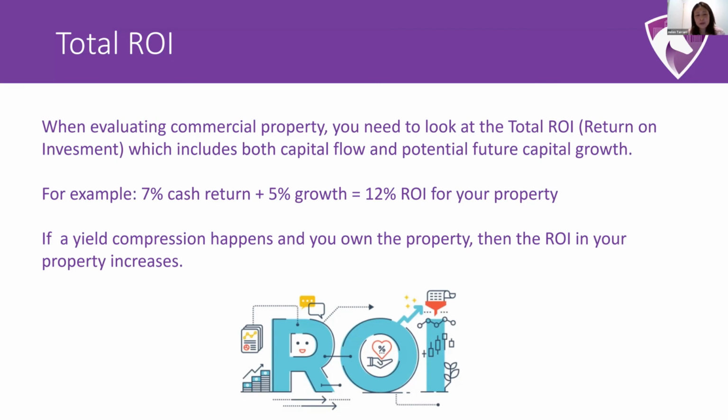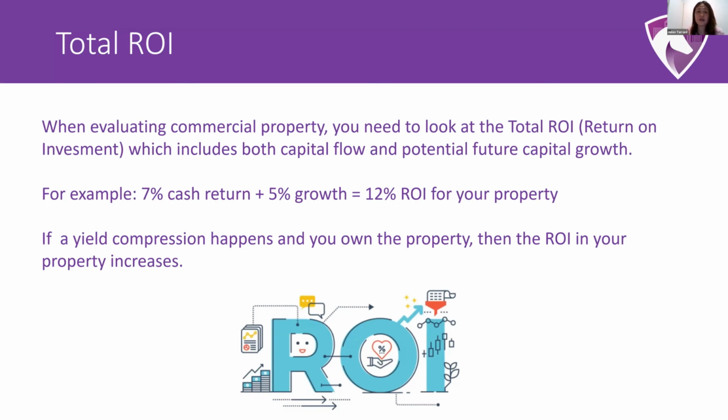For example, 7% cash is what we talked about, with a property yielding at 7%, plus a 5% growth on the back end because the market has changed, equals 12% return on your investment. If yield compression happens and you own the property, let's say you bought a property and the yield starts to compress in the next 12 months, then the ROI starts to increase even more.